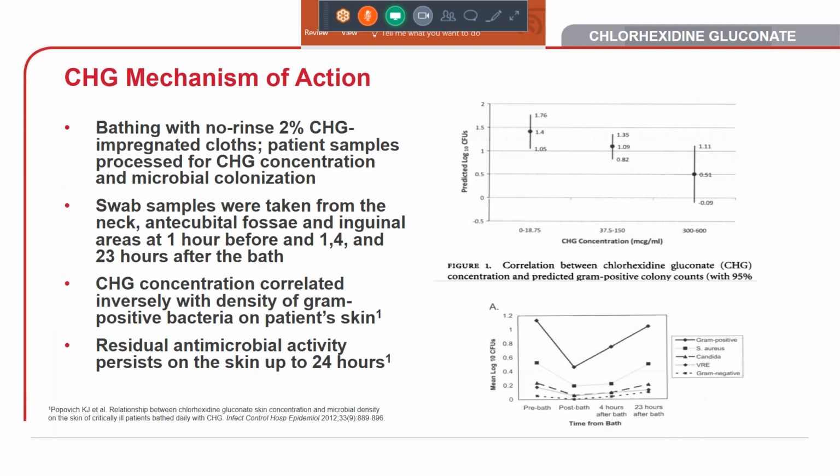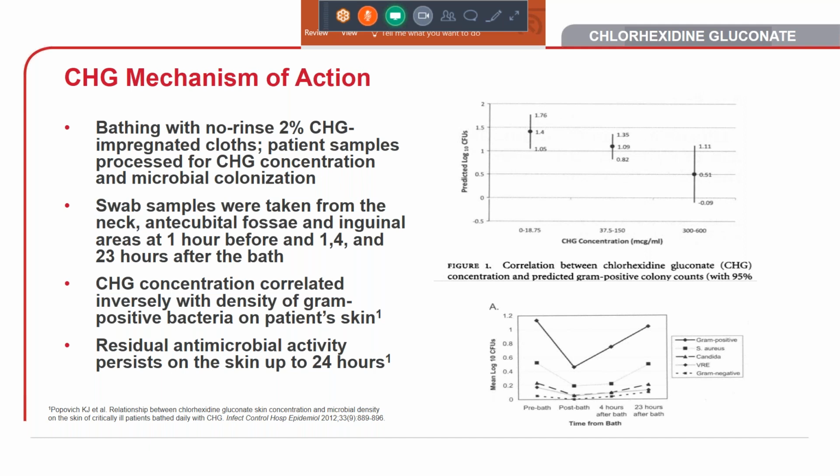I also wanted to highlight a paper that was published by Popovich and colleagues, where they looked at the relationship between chlorhexidine gluconate skin concentration and microbial density on the skin of critically ill patients that were bathed with chlorhexidine.